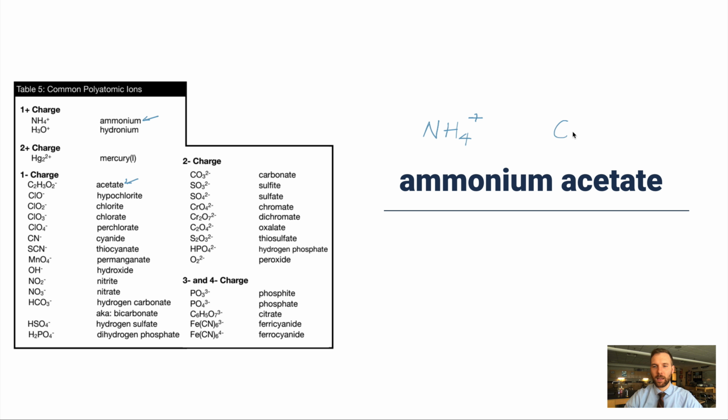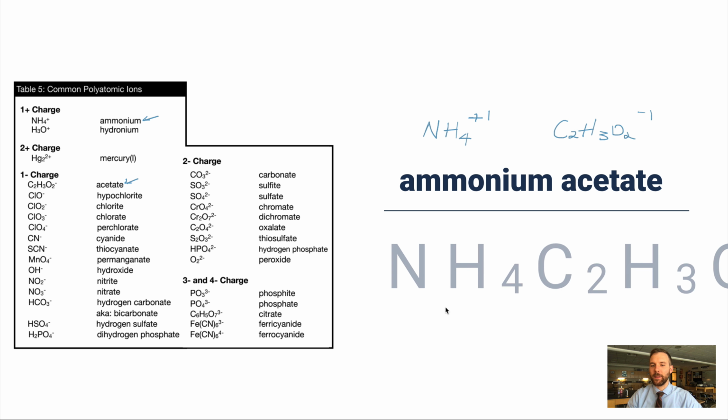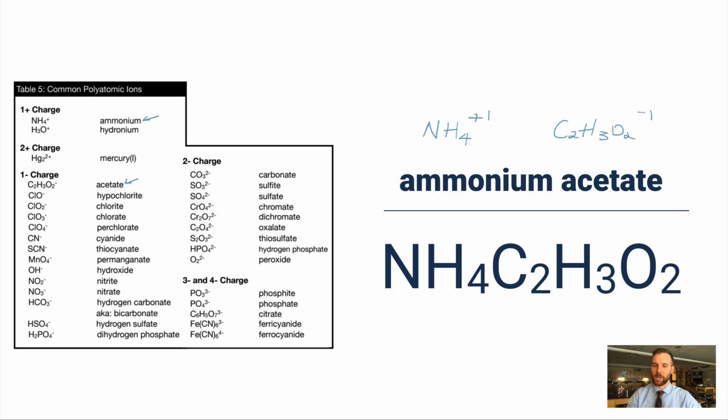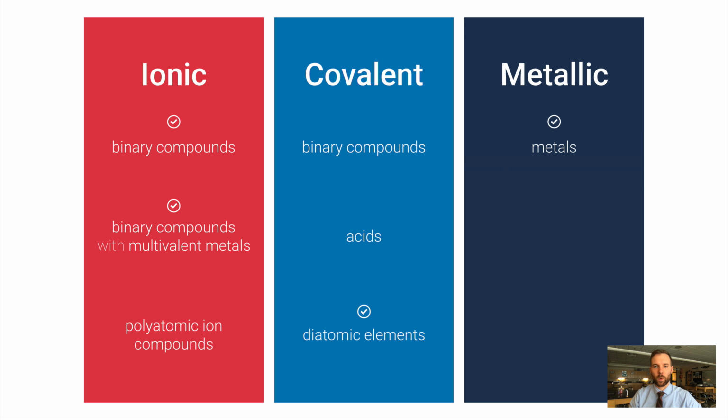And so I've got kind of a long one, C2H3O2. That whole thing has a -1 charge. So we've got +1 and -1. That means I just need one of each, which I realize is difficult to see one of each here, given that there's 4, 2, 3, 2. But you'll eventually start to realize, okay, well, that's ammonium and that's acetate. So more practice will help you there.